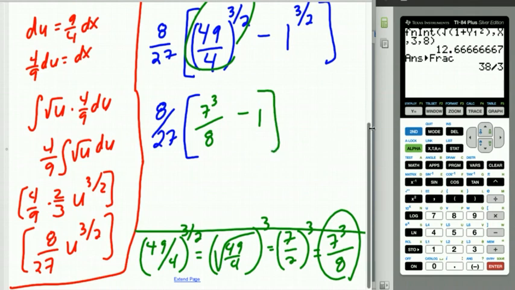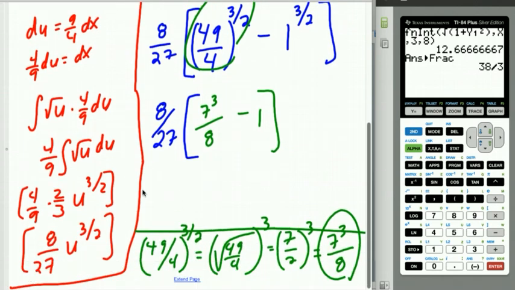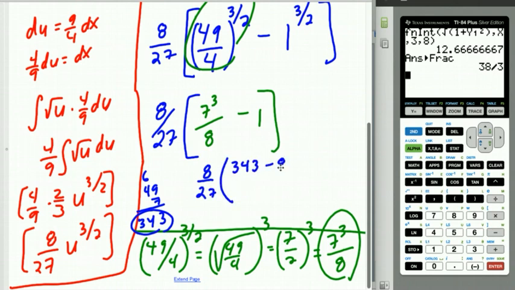So if you had a calculator, then you would figure out what 7 cubed is. If you don't have a calculator, you would literally do 49 times 7 and it wouldn't break your brain. If I did 49 times 7, old school multiplication wise, I think I get 343, but we'll find out in a sec. This is a 6, right? When I multiply these, I get a 28. And hey, sure enough, there's my 343. So I'm going to go ahead and say, hey, this is 8/27 times 343 minus 8, because I wanted everybody over 8, right?